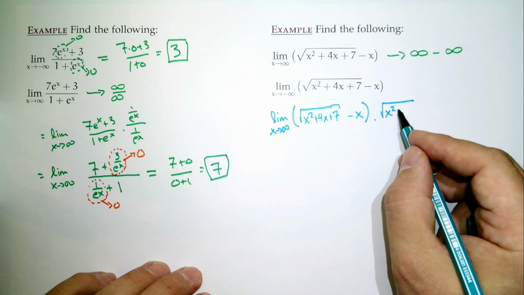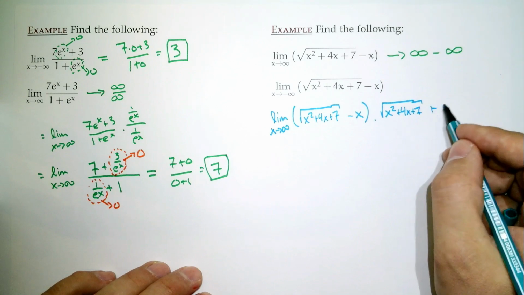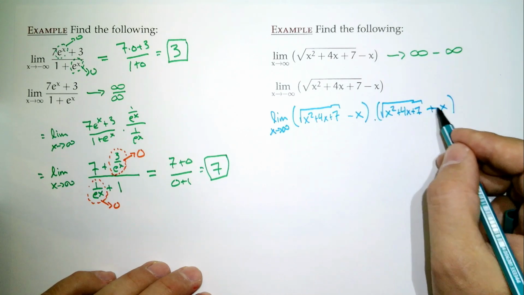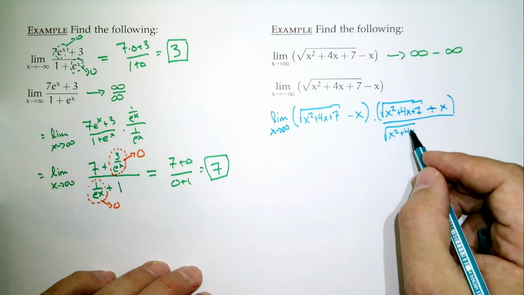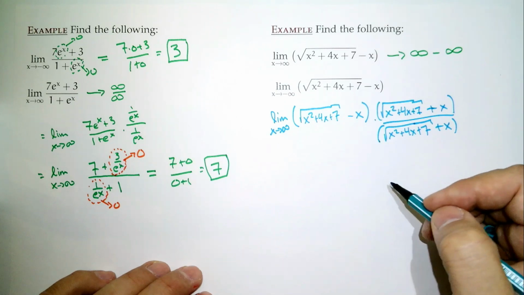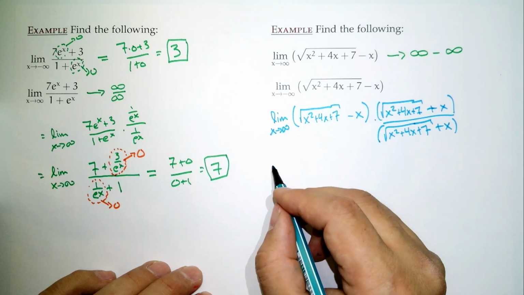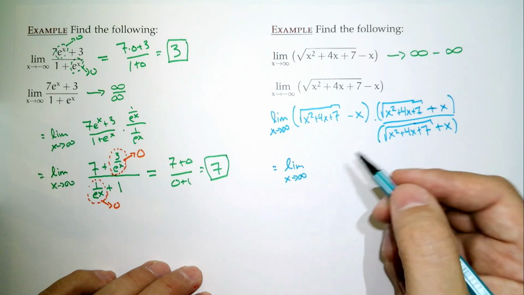Square root of x squared plus 4x plus 7 plus x, I'm going to multiply that on the top, and square root of x squared plus 4x plus 7 plus x, I'm going to multiply that on the bottom. So this becomes the limit as x goes towards infinity.